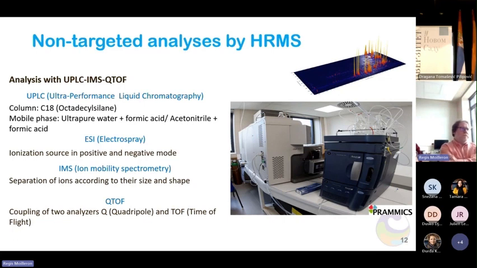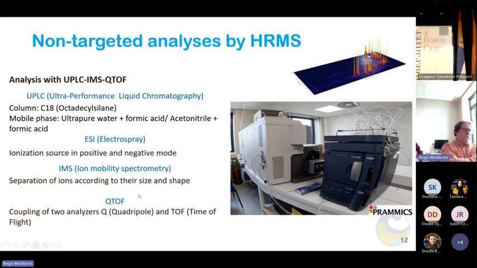And this is our instrument that we have in Créteil. It's typical liquid chromatography with a C18 column. And we analyze in electrospray mode. And the detection is with a quadrupole and time-of-flight analyzer.